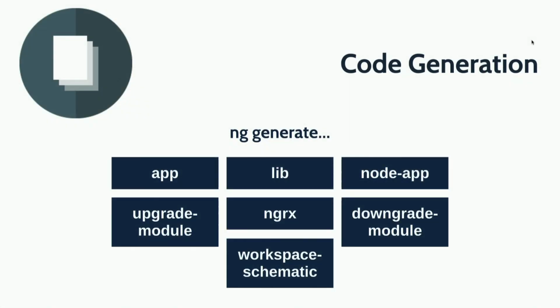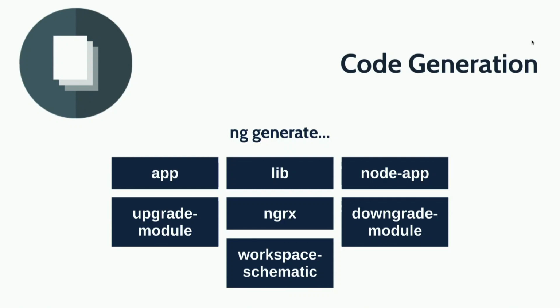So Nx provides you a bunch of schematics, as the CLI calls them, basically things you can generate with ngGenerate. The top three are app, lib, and node app. A lib, or library, is a piece of shareable code. App is your regular Angular app, but because we talked about monorepos being good, you're going to want multiple apps in your repo. Node app is a backend app that uses Node.